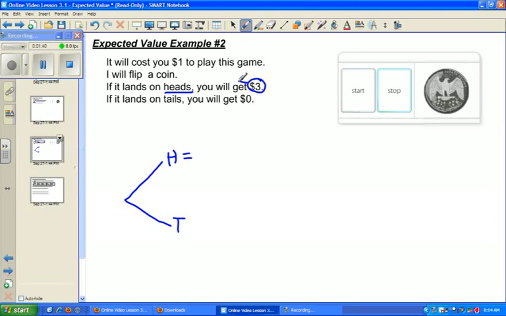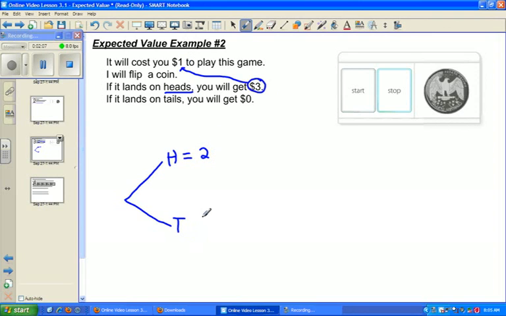You need to realize that you gave me $1 already to start this game. So actually what happens is if I flip heads, the outcome for you is actually $2. Please make sure you know why that's a 2. $2 because I gave you 3, but you gave me 1, so you actually only gained $2.